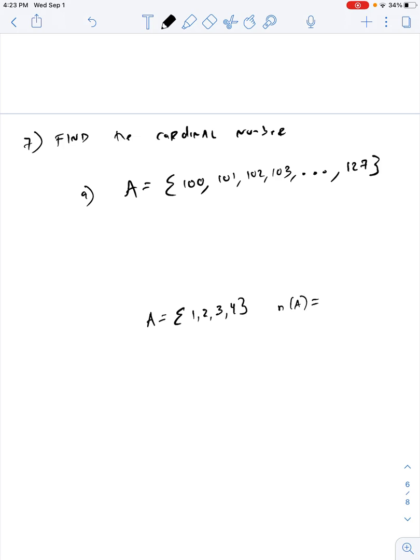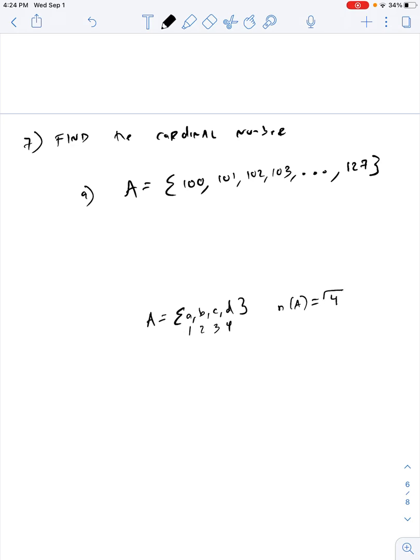How many do we have in there? Well, this is easy. We can count, right? Or let's change it up. Let's not do numbers because sometimes that's a little easy. All right, but same idea. Let's just say it has these letters: A, B, C, D. Well, how many things do we have in there? All right, we have 1, 2, 3, 4.